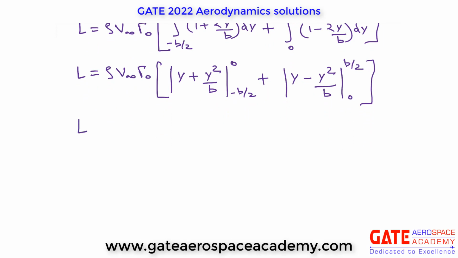So let's put the limit. L is equal to rho v infinity gamma naught, upper limit minus lower limit.